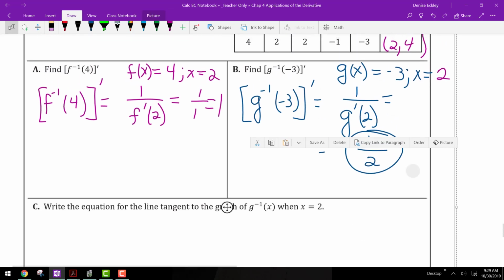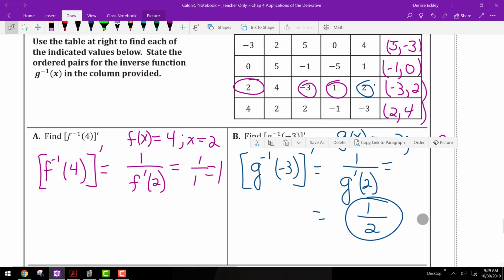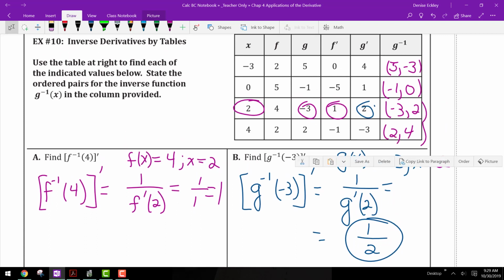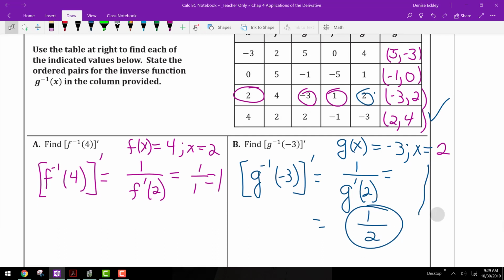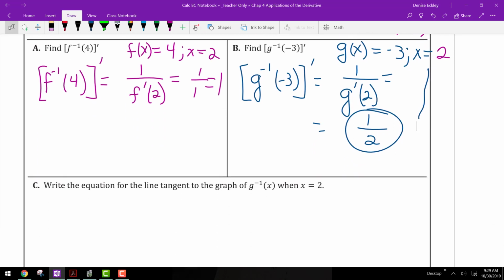So we just looked through that, and we saw when x equals 2, we're in this line. So we have the point 2, 4 right here. So that's the point we're using for g inverse.